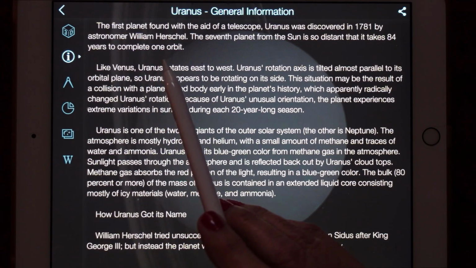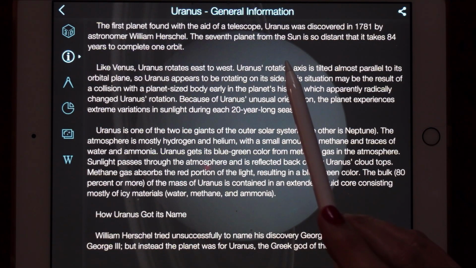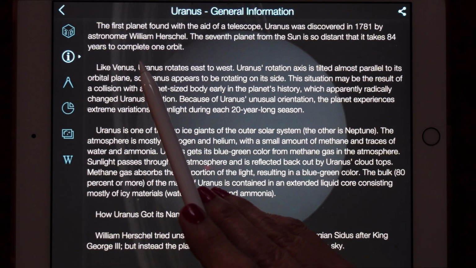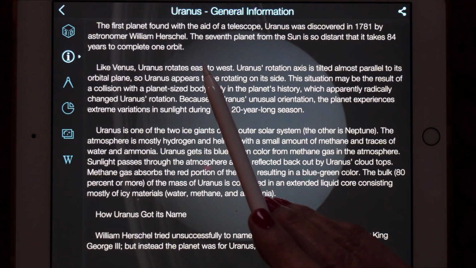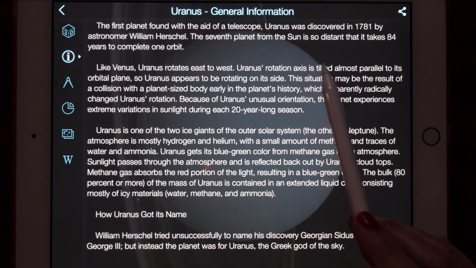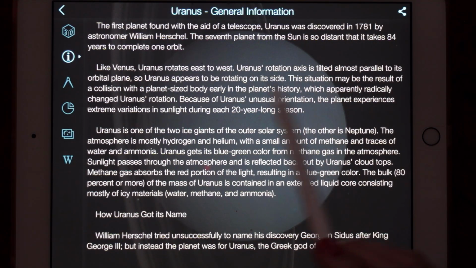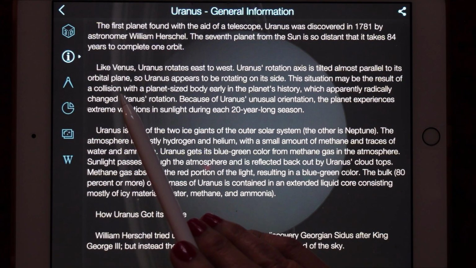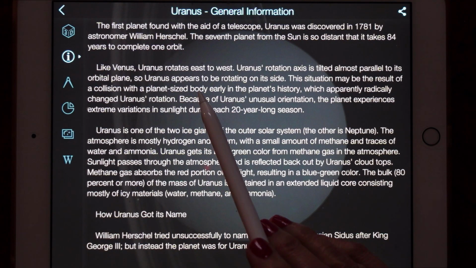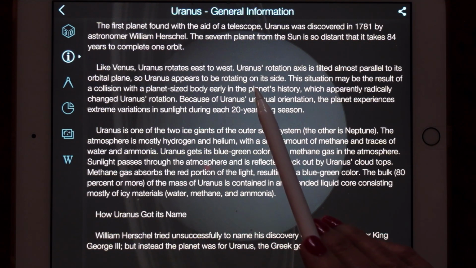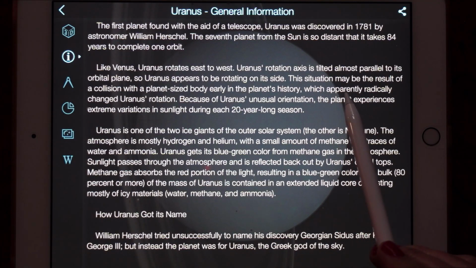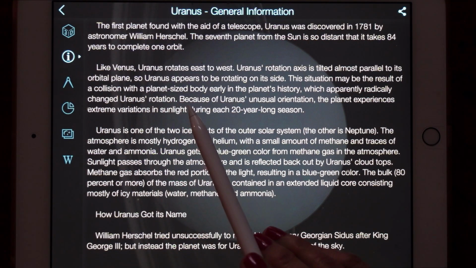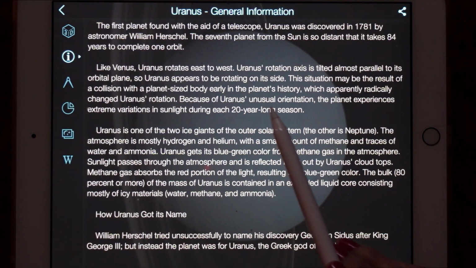The first planet found with the aid of a telescope, Uranus, was discovered in 1781 by astronomer William Herschel. The seventh planet from the Sun is so distant that it takes 84 years to complete one orbit. Like Venus, Uranus rotates east to west. Uranus's rotation axis is tilted almost parallel to its orbital plane, so Uranus appears to be rotating on its side.